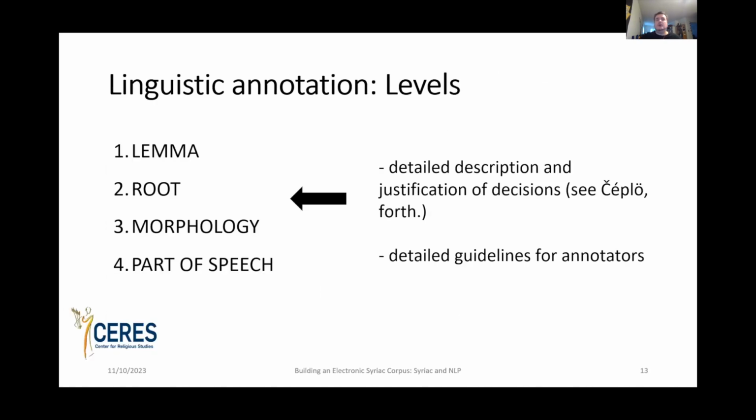This entire effort has just begun now, and it consists of basically writing down a very detailed description of our decisions for tokenization, lemmatization, assigning roots, assigning morphology, assigning parts of speech. I'm writing an article on this, which hopefully will be out soon. At the same time, we will write detailed guidelines for the people from Simtho Lab who will actually be annotating these texts.